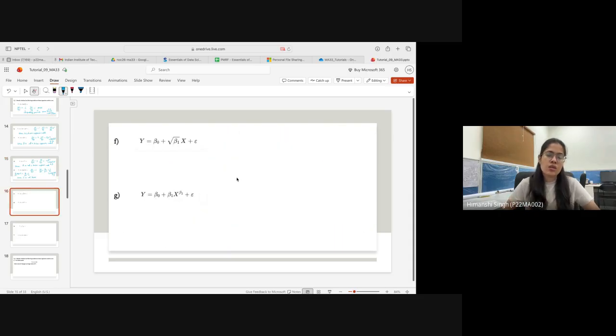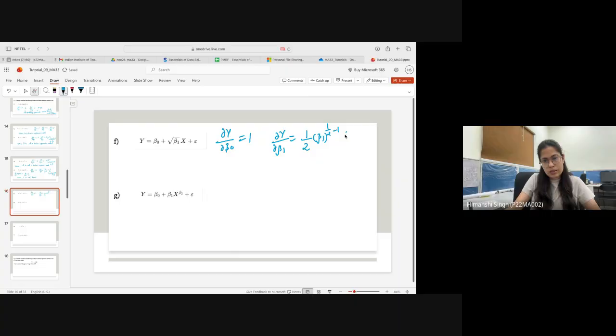So this is the model which is given as y equals beta naught plus root beta 1 x plus epsilon. Let us check del y over del beta naught. It is 1, and del y over del beta 1 is 1 by 2 beta 1 to the power 1 by 2 minus 1 times x.